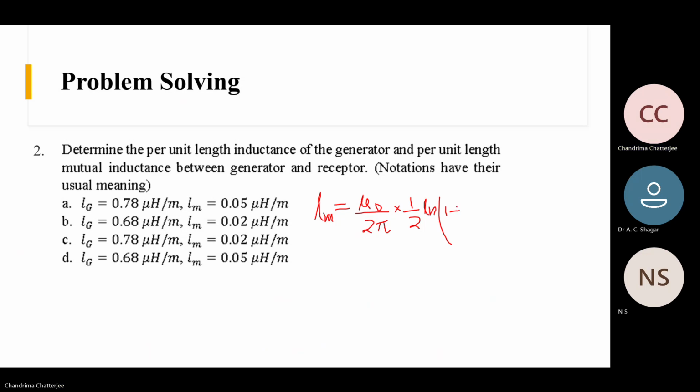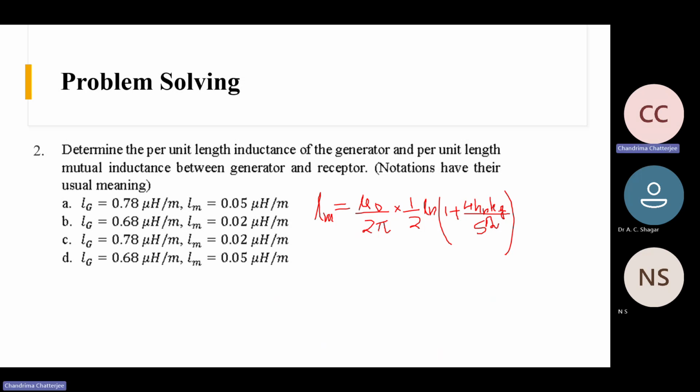1 plus 4 HR HG by a square. Right. All the values are known.